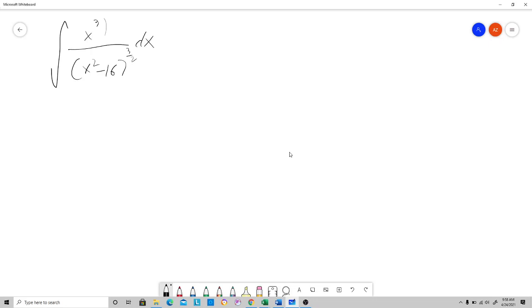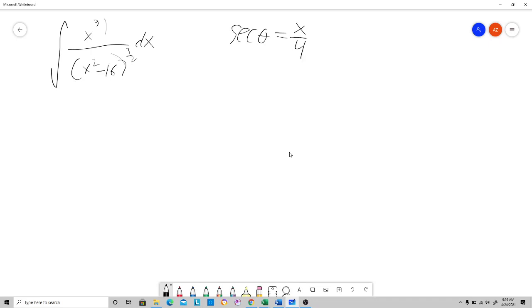If we see this, the denominator resembles a secant inverse function. And you would remember the derivative of a secant inverse function involves the square root of x squared minus 16. So we can write it as secant theta equals x over 4.